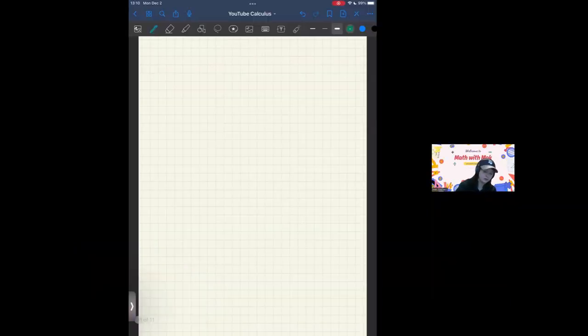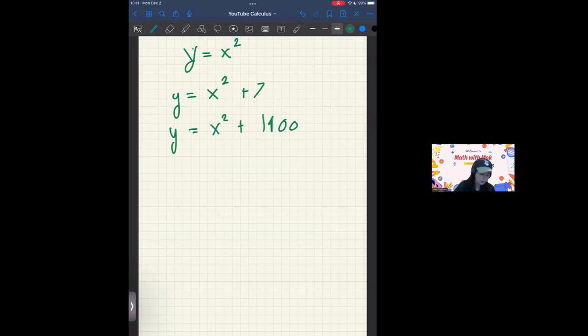So we know how we've done y equals x squared, but we run into an issue, right? Because the derivative of y equals x squared plus 7, or y equals x squared plus 1400, or y equals x squared plus 1, all have the same derivative, y prime equals 2x, because that y-intercept is dropped because it's constant, right?